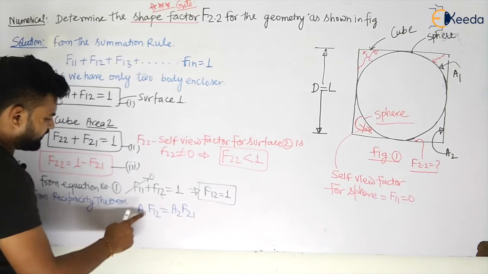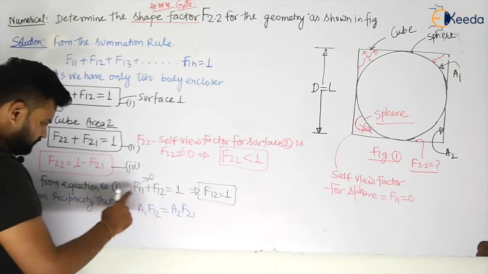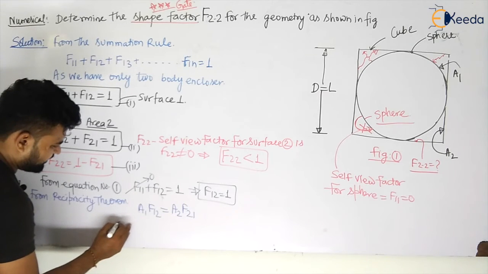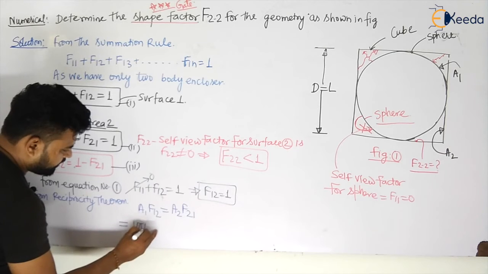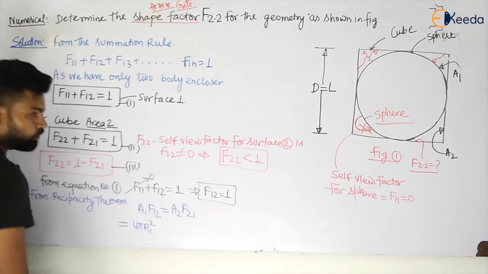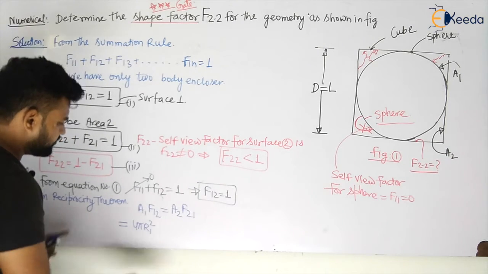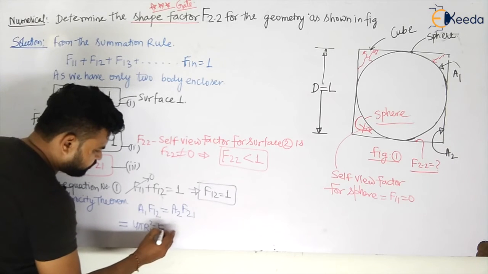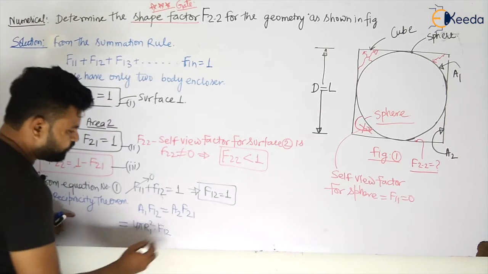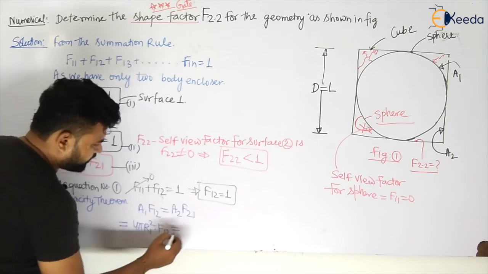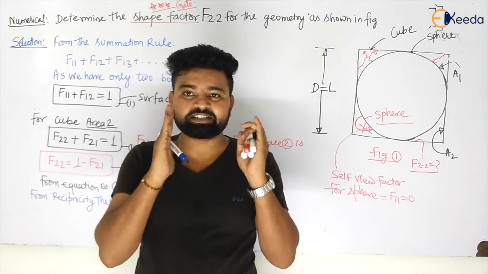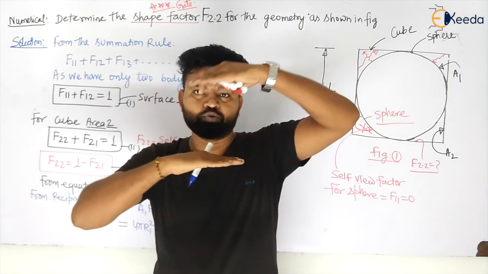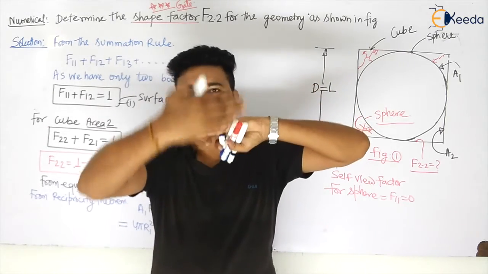So what is the area A1 for the sphere, my dear students? For the sphere the area A1 will be 4 pi r1 square, multiplied by F12, which is equal to A2. What will be the area? Because this is a cube, it will have 6 sides, 2 of these, 2 of these, and 2 of these.